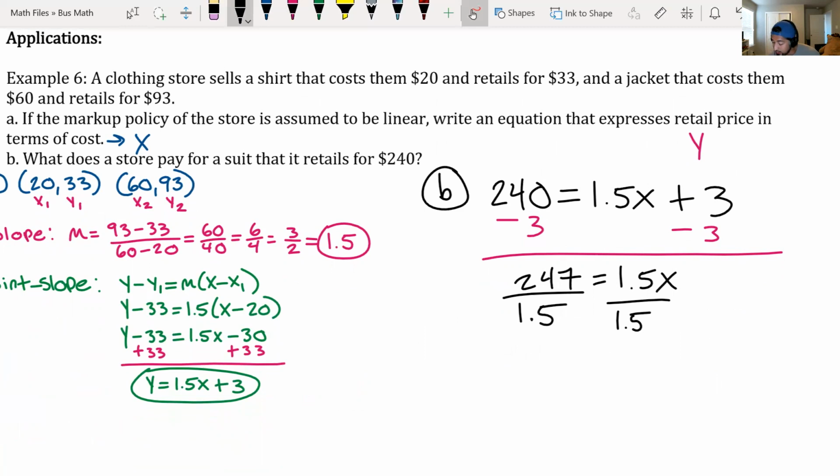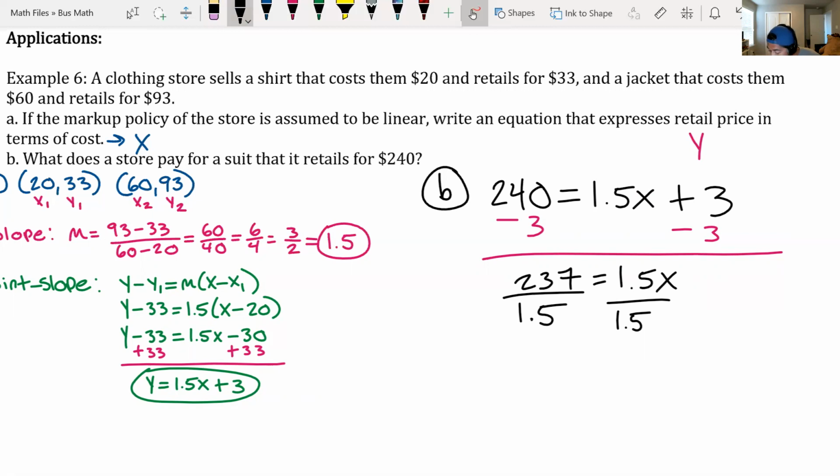And, all right, calculator now, right? Oh, not 247, 237. Maybe I do need a calculator. There we go, 237.